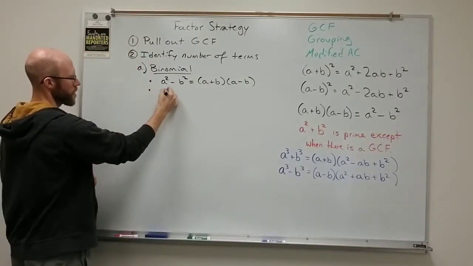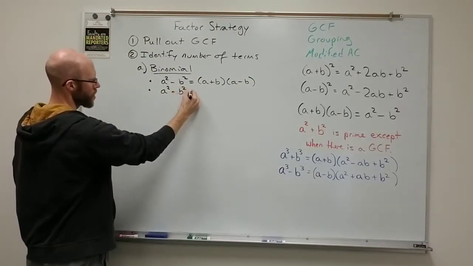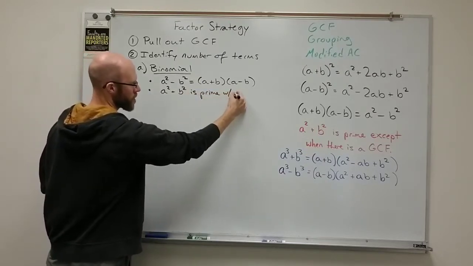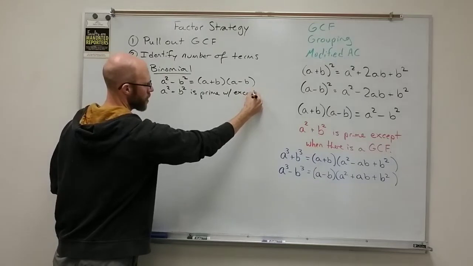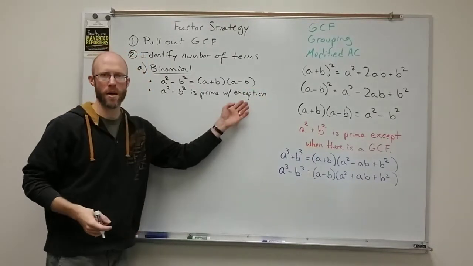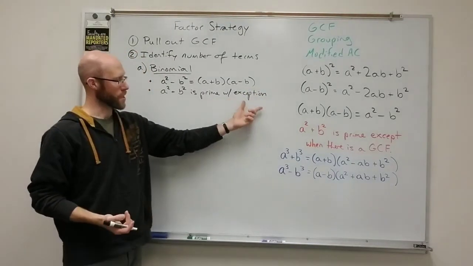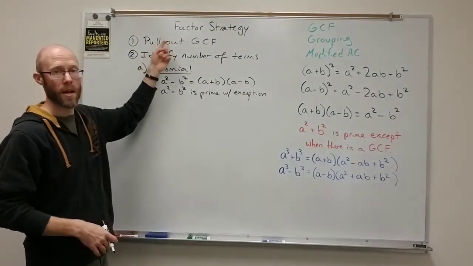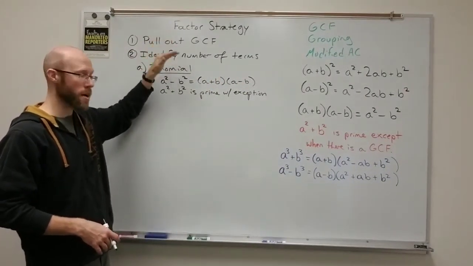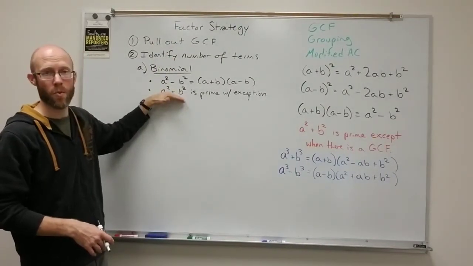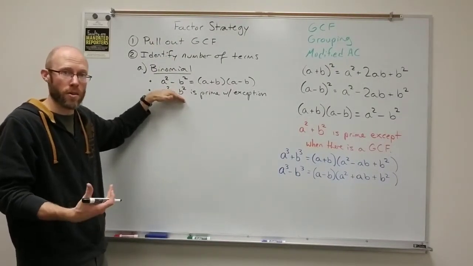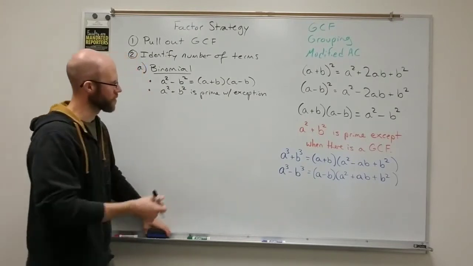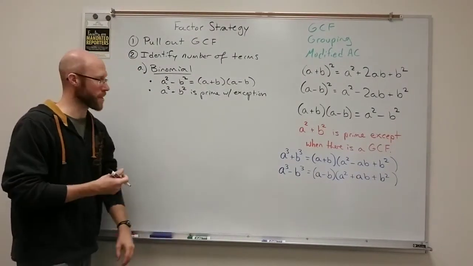We could say that a squared plus b squared is prime, with the exception of a GCF. But we've already taken care of the GCF in the first step. So if after you've taken the GCF out, you still have a sum of squares, it's going to be prime. You've already pulled out the rest, so we wouldn't really have to worry about that exception.